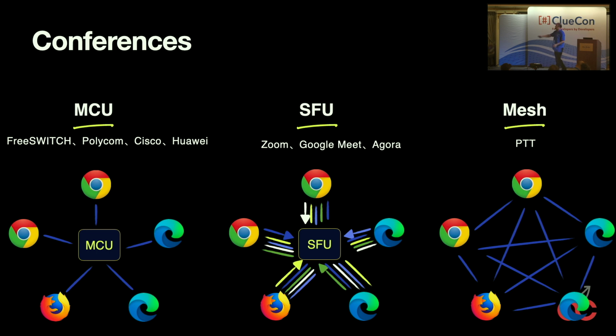And another one is called mesh. Both MCU and SFU have a single point of failure, right? If the MCU goes down, everyone gets disconnected. But for mesh, there are some special use cases. They can connect to each other in a network structure, but it's hard to control and hard to bill, right? So most conference systems are MCU and SFU.